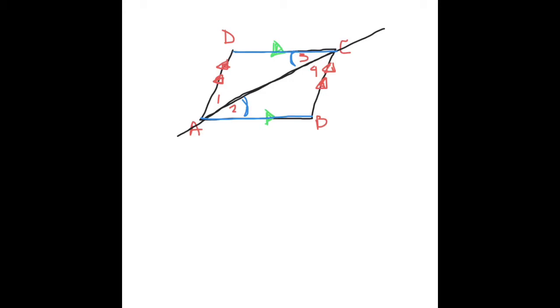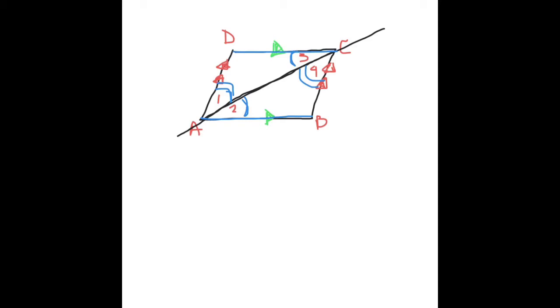Because if two lines are parallel and then cut by a transversal, the alternate interior angles are congruent. But that also means that angle 1 is congruent to angle 4. And that is your first statement. Angle 1 is congruent to angle 4, and angle 2 is congruent to angle 3.